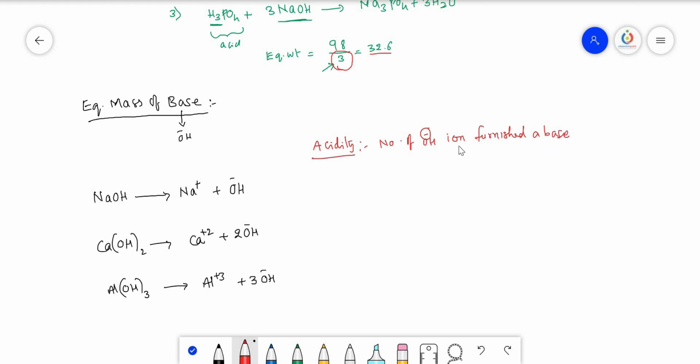The number of OH minus ions given by a base is called its acidity. So, NaOH is giving only one OH minus ion, so its acidity is 1. Calcium hydroxide is giving 2 OH minus ions, hence its acidity is 2. And aluminum hydroxide is giving 3 OH minus ions, hence its acidity is 3. So, here it is 1 and it is called a monoacidic base.